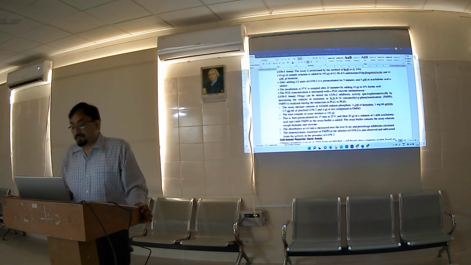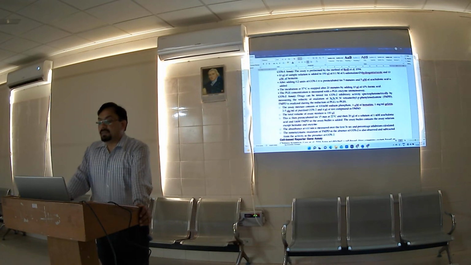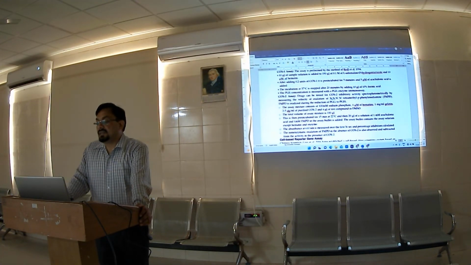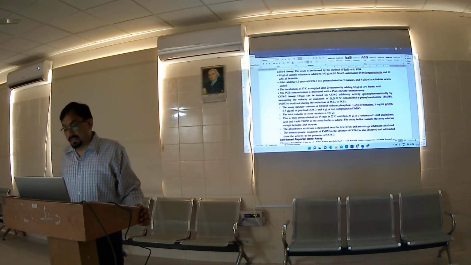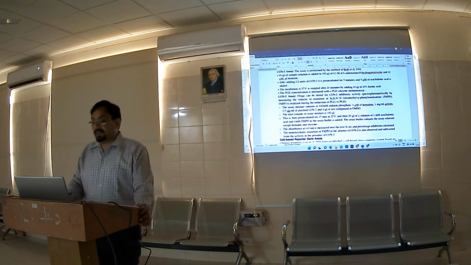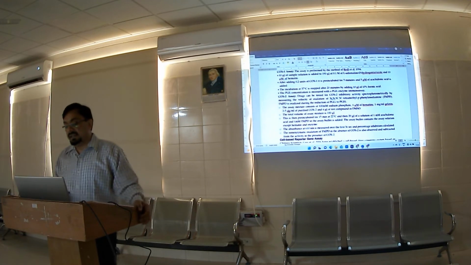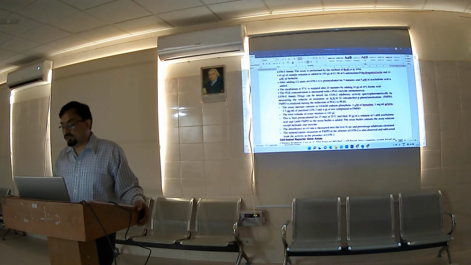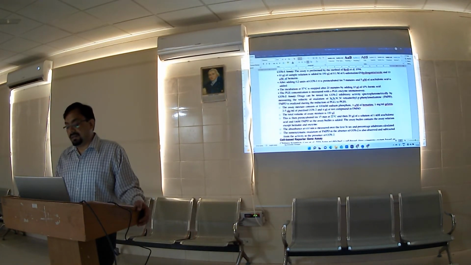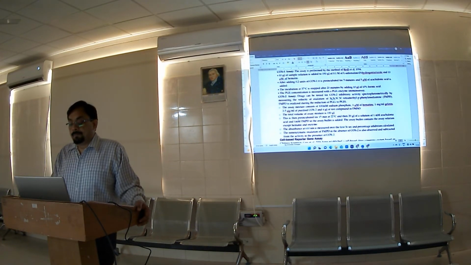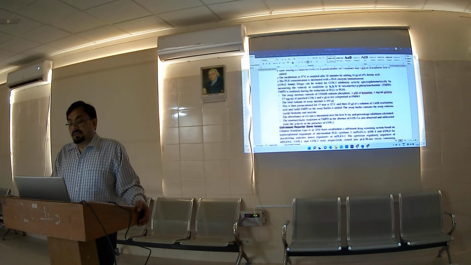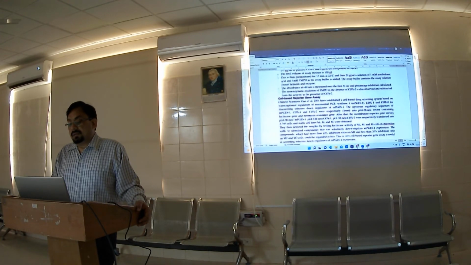The absorbance at 610 nanometer is measured over the first 36 seconds and percentage inhibition is calculated. The non-enzymatic oxidation of TMPD in the absence of COX2 is also observed and subtracted from the value obtained. So this is the COX-1 and COX-2 assay.